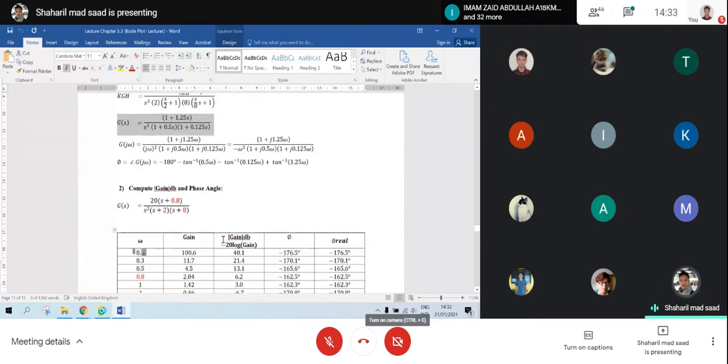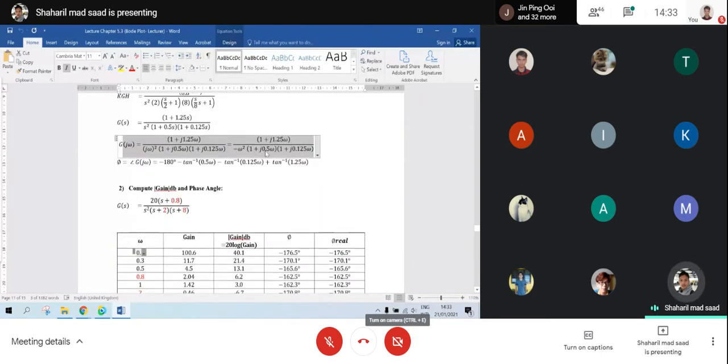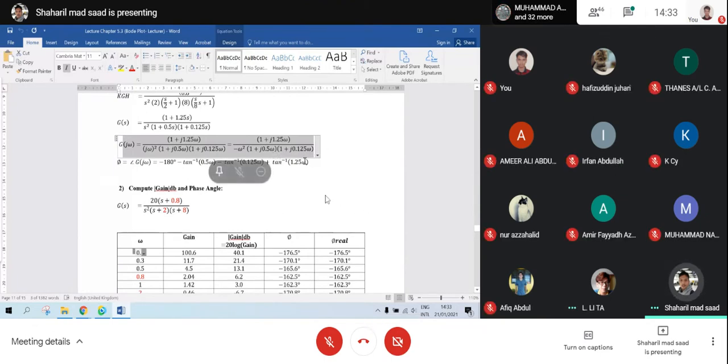But my advice is please write this also. I'm afraid if you get the wrong value and you don't write s equal to jw, you will not get a mark there.